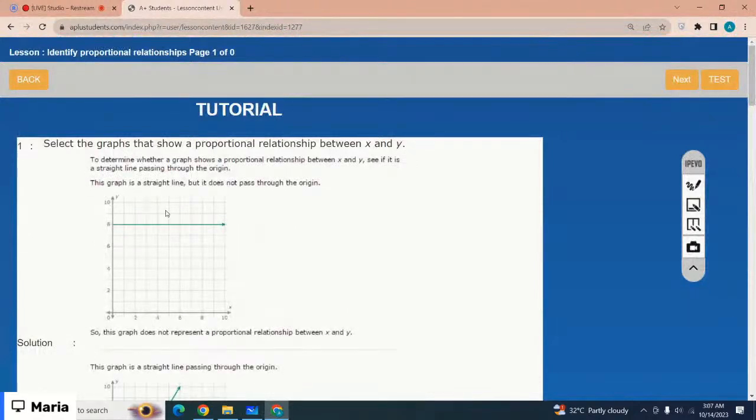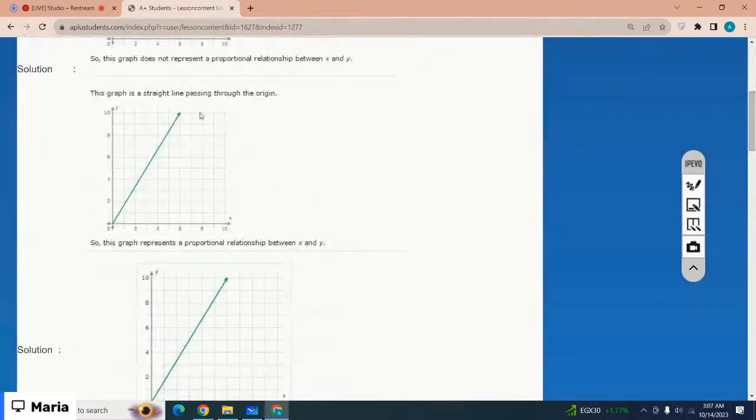The graph is a straight line but it does not pass through the origin. So this is not it. The graph does not represent a proportional relationship between x and y because it is not passing through the origin, right? For proportional relationships, it is important the graph passes through the origin. Got it?